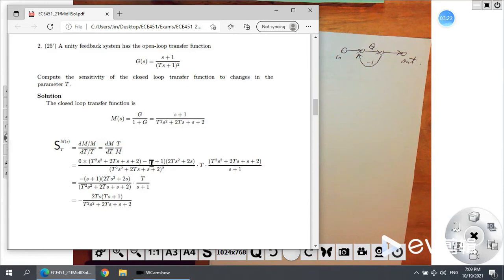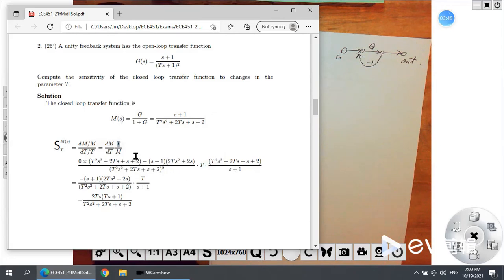And minus s plus 1, this is the numerator, times the derivative of the denominator according to t. So you have 2t times s squared plus 2s. Then s plus 2 after the derivative, they are zeros. Okay, so we have this one. And then t is just t, copy it.